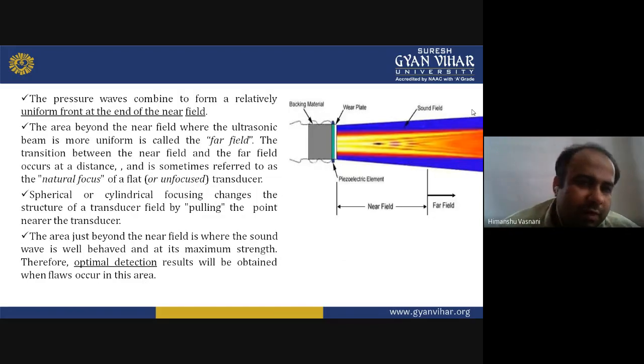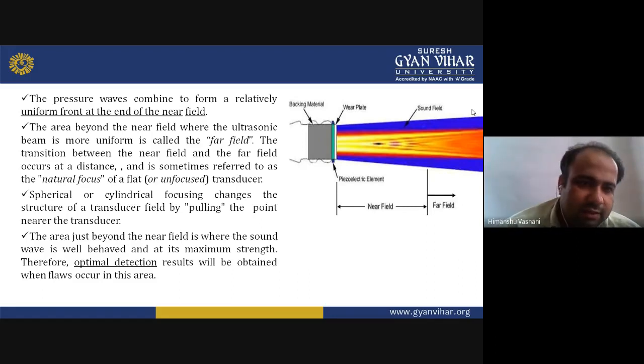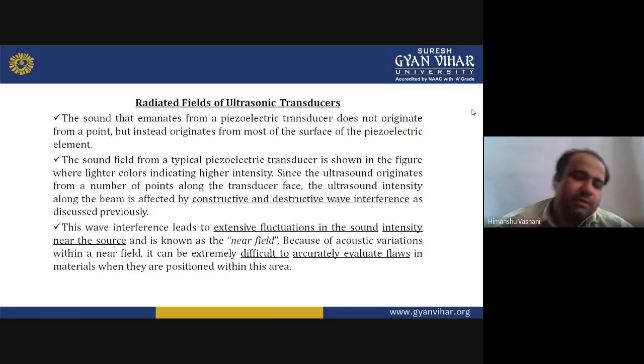So the pressure waves combine to form a relatively uniform front at the end of the near field. The area beyond the near field where the ultrasonic beam is more uniform is called the far field. Now there are two fields that we are discussing: the near field, which was discussed in this slide, and then the far field.